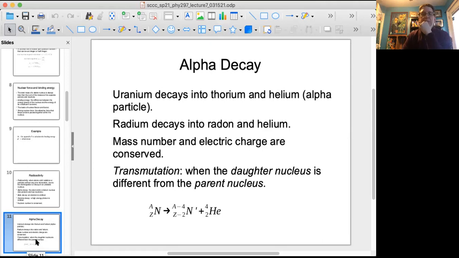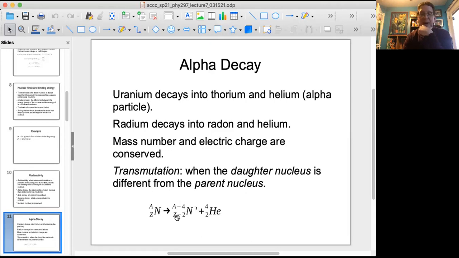So when the daughter nucleus is different from the parent nucleus, that's called transmutation. So basically, in alpha decay, one element changes to another element, and so the daughter nucleus is different. And so you start with the original element labeled N. That's the parent nucleus, and then you have the daughter element or the daughter nucleus.